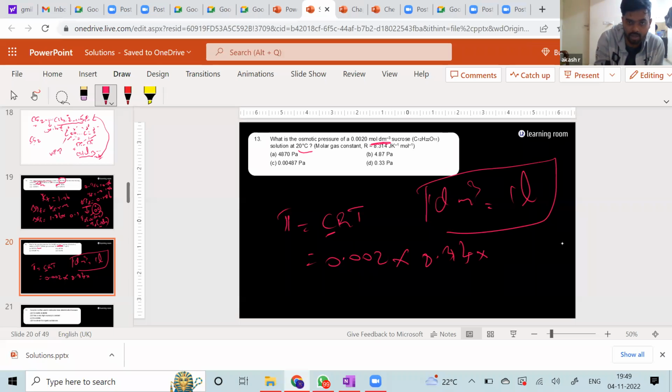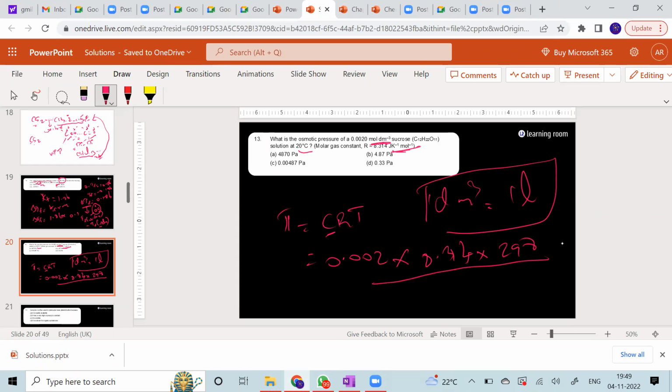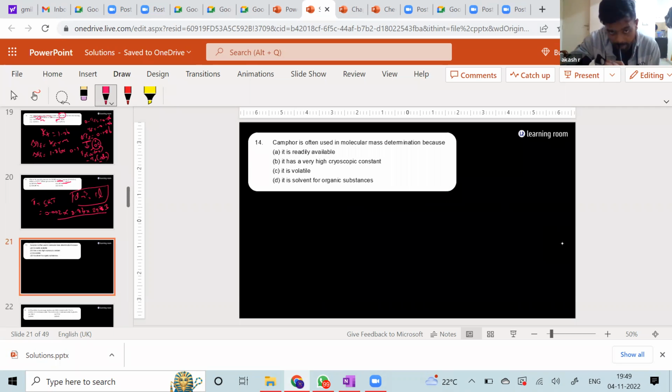You have to go for Kelvin, because you can see here, it is joule per Kelvin per mole in our value, right? So here you'll use 298 Kelvin, and you can calculate and get the final answer. So 293, right? Ah, sorry, 293. Yes, absolutely. Okay, done. Moving on.